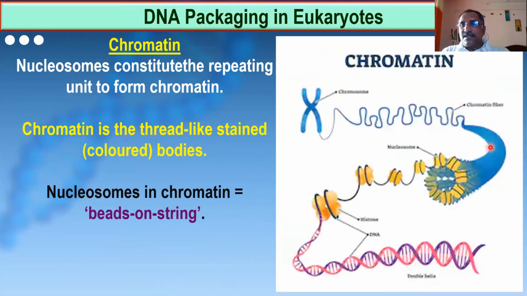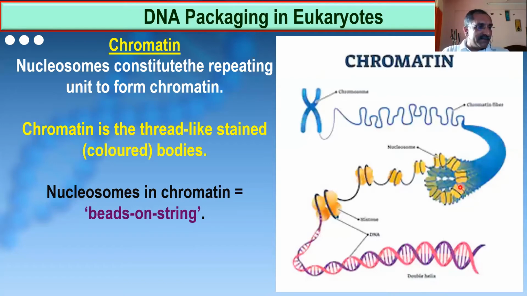This is coiled and coiled and coiled, it is supercoiled, and ultimately you get the chromosome. Starting from the DNA, coiling, one nucleosome is formed, and the nucleosome is coiled over there. And this repeated structure gives a thread-like structure. This is what is called the chromatin.